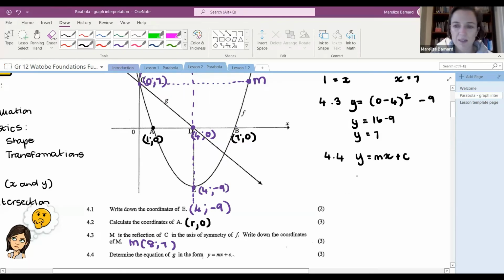I'm going to give it 2 minutes till 5:30 to see if anyone can post the equation of the straight line for us.